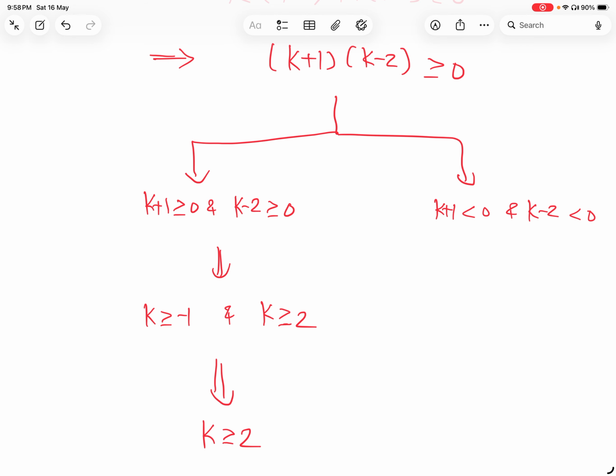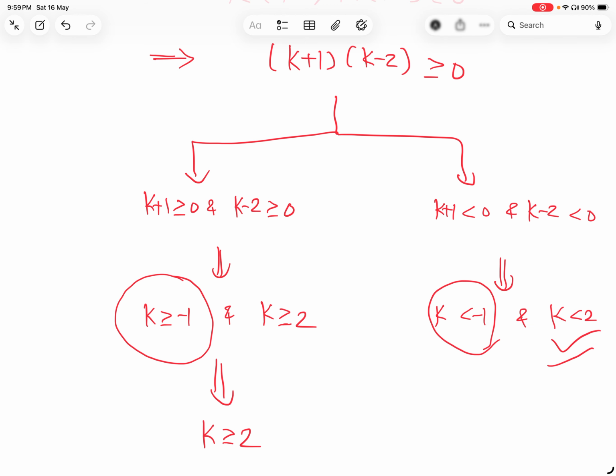If k is greater than or equal to 2, automatically the other condition will be satisfied. And from the second case, k is less than minus 1 and k is less than 2. If k is less than minus 1, this will be automatically satisfied. So k is less than minus 1.